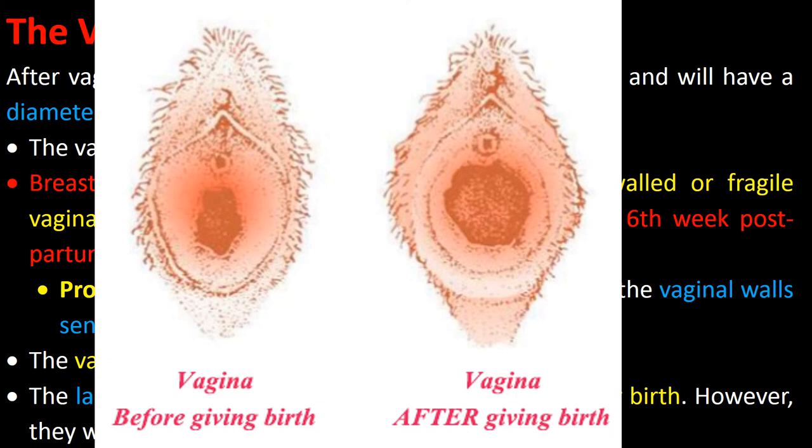So this is how a vagina looks like after giving birth. As you can see, there is a wider diameter on the vagina that has already experienced birthing as compared to the vagina that has not yet experienced delivering a child.